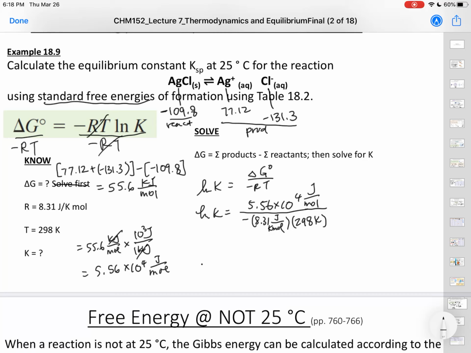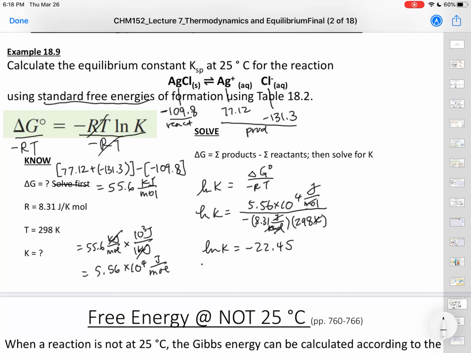Okay, sorry about that. Now that we have the proper delta G with the proper units, we're going to cancel out our joules, our moles, and our Kelvin.